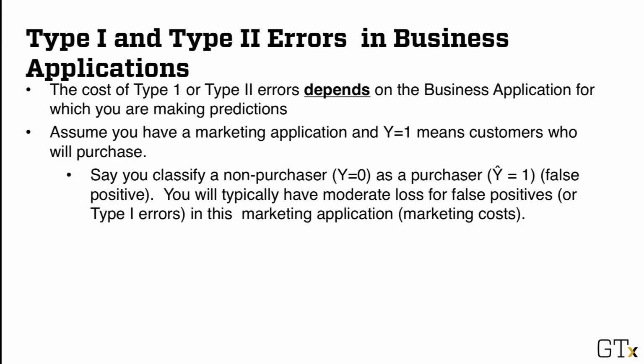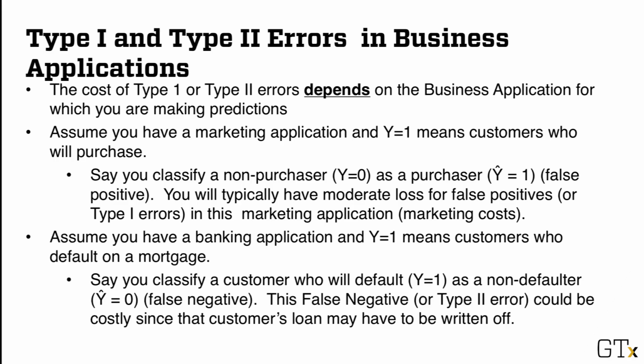So, a non-purchaser has y equals 0. If you classify him or her as a purchaser, you are predicting y hat equals 1. So, that is a false positive. In this particular scenario, you will typically have moderate loss for false positives or type 1 errors, because you are probably spending a little bit of advertising dollars or marketing costs to advertise to a bunch of people who probably would not purchase your product.